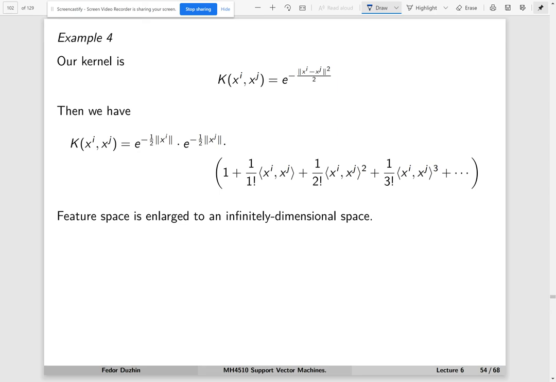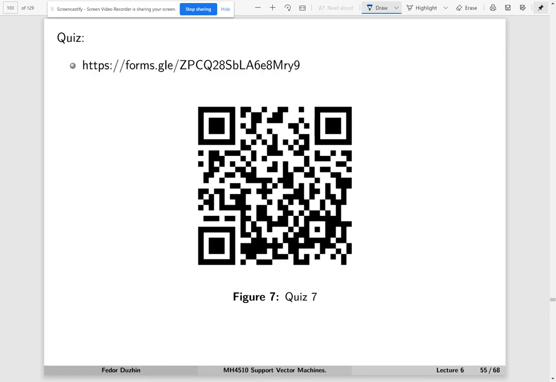We are embedding our original feature space into an infinite-dimensional space. Of course, direct computation in an infinite-dimensional space is impossible, so using the kernel is the only way to tackle this problem. But using the kernel actually works.